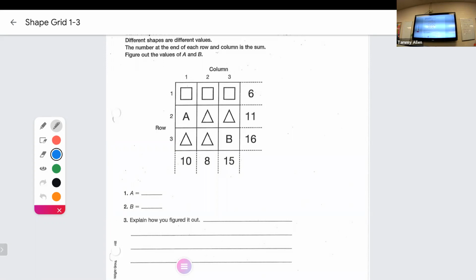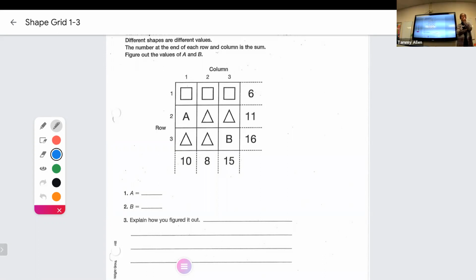I did column 1. Column 1, right here. Yep. So this, like they said, the squares were already 2. Wait, start from the beginning. Where did you guys start? We started at row 1.